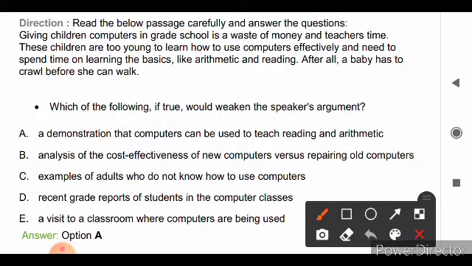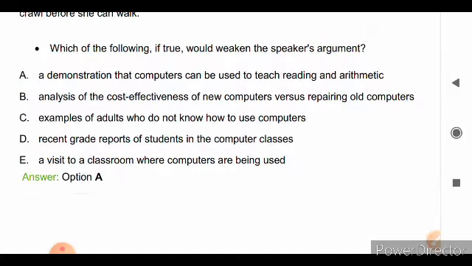Question is, which of the following, if true, would weaken the speaker's argument? Options are A, a demonstration that computers can be used to teach reading and arithmetic, B, analysis of the cost effectiveness of new computers versus repairing old computers.